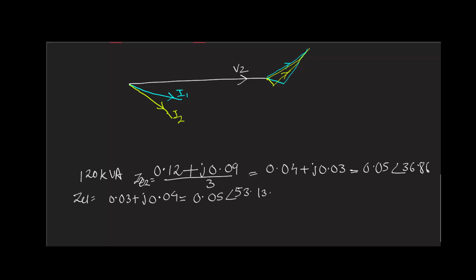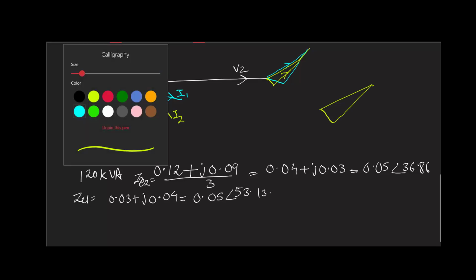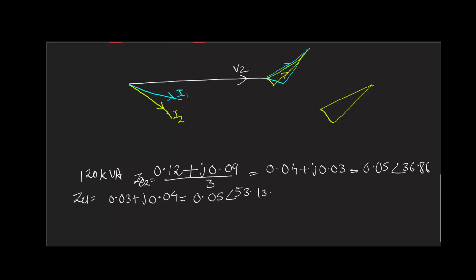Although we are not able to utilize the maximum kVA output that could be extracted from these transformers, because the XR ratios of the two transformers are different. That is why the currents are not in phase, and that is why we have this problem.